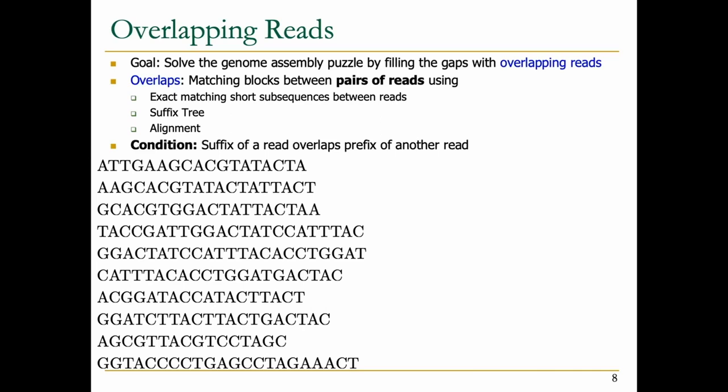There's a very strict condition when identifying the overlaps, which is that a suffix of a read overlaps a prefix of another read, meaning that if two reads are overlapping, one of them shouldn't be fully contained within the other read, because we want to actually extend our knowledge with overlapping reads, right?